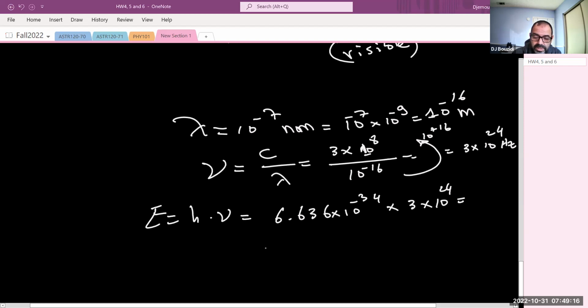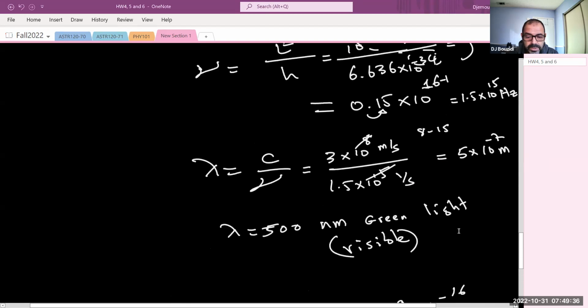Negative 34 plus 24, that's negative 10. 3 times 6.636, let's find it quickly in here. That's 19.9. Was it 19.9 earlier?